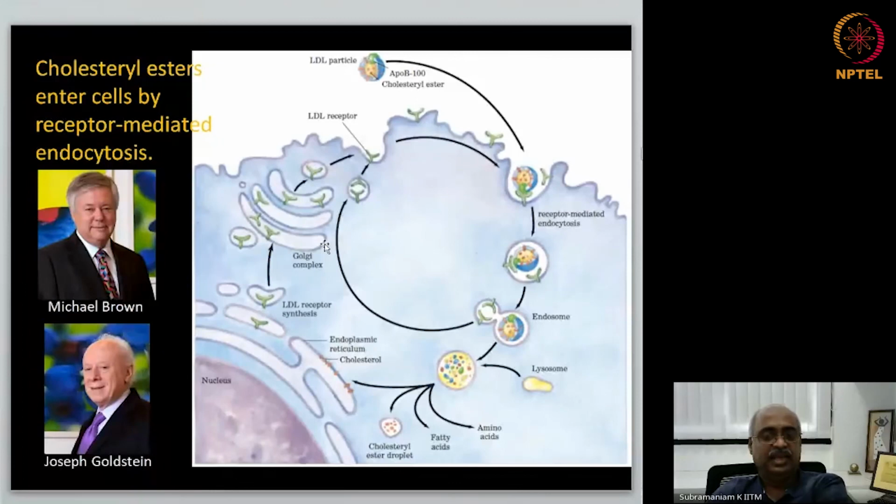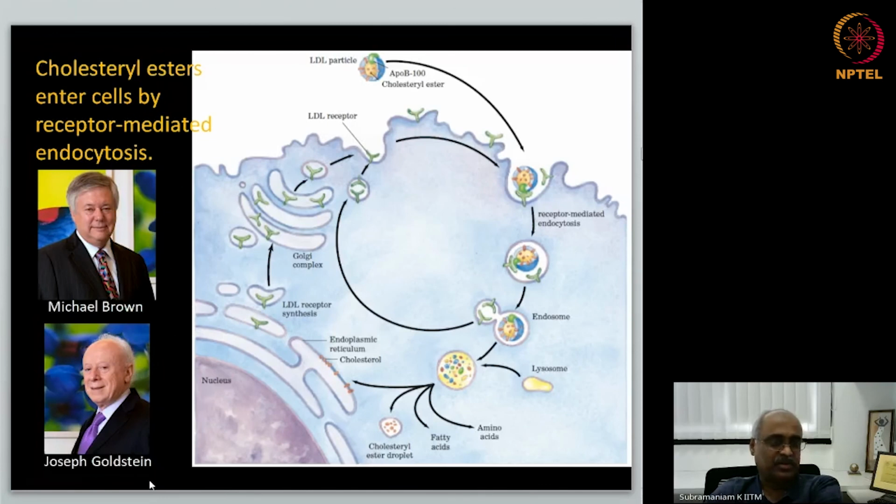And this LDL route was discovered and worked out, how it works and how the regulation happens, by Michael Brown and Joseph Goldstein, and these two people won the Nobel Prize for that, because this was a long, tedious work, and it is a central pathway in cholesterol regulation, and due to that it attracted a lot of attention.